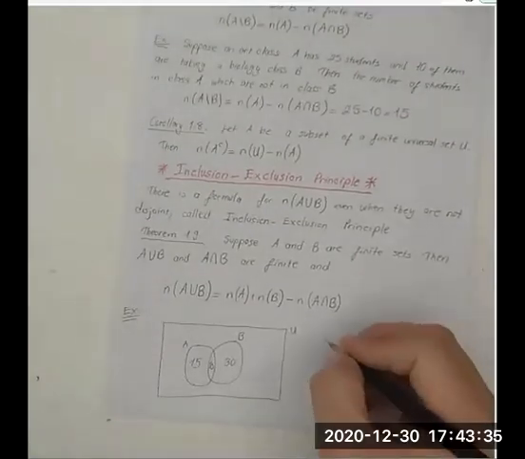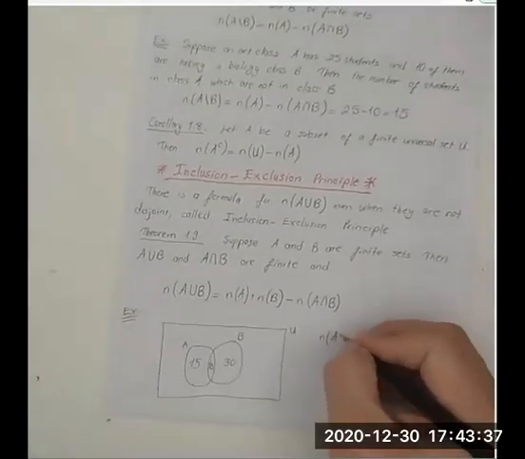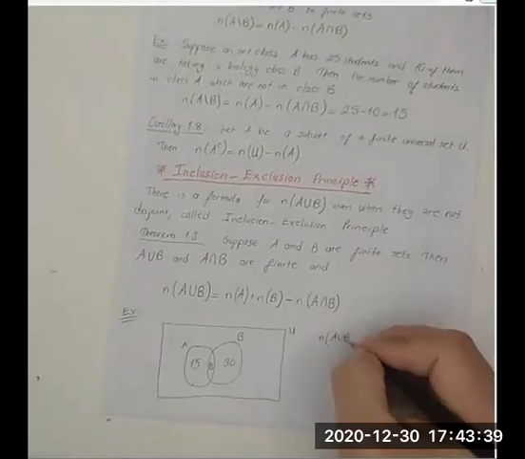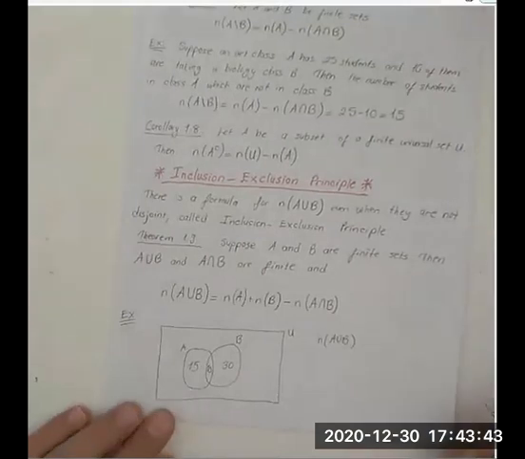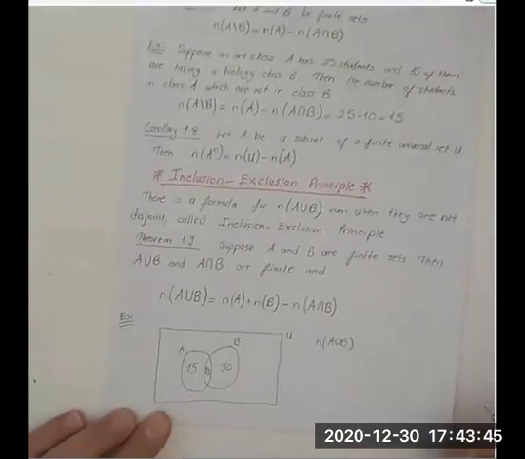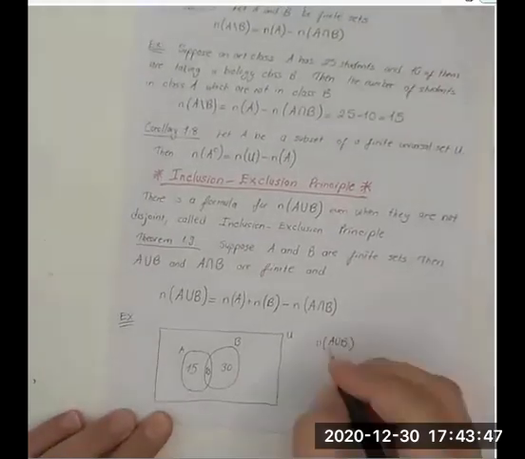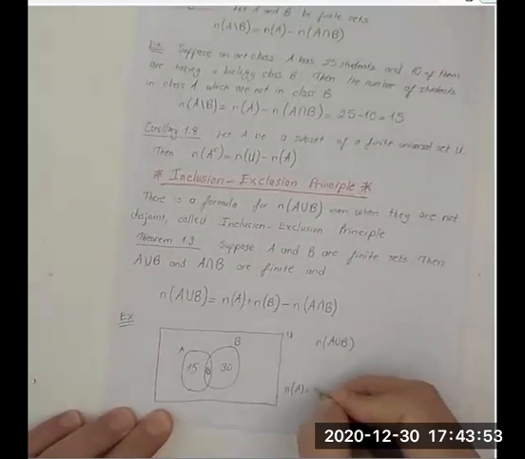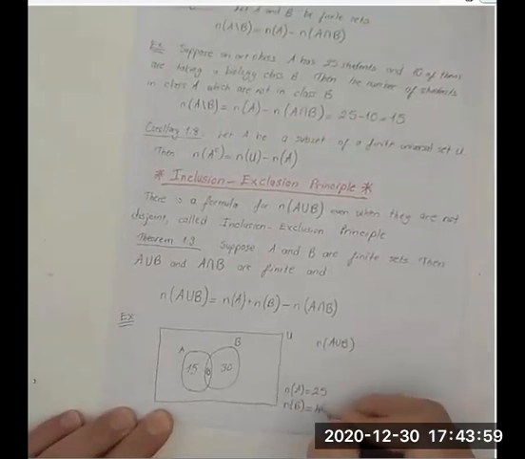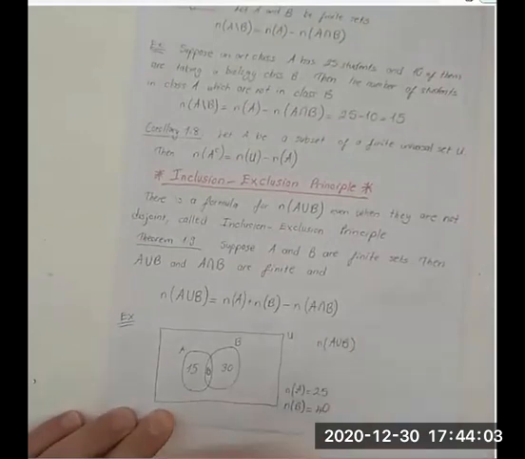I'm looking for the number of A union B. The number of A is 25. The number of B is 40.